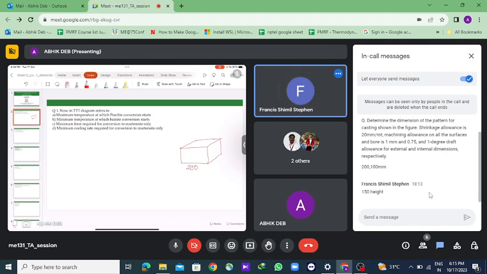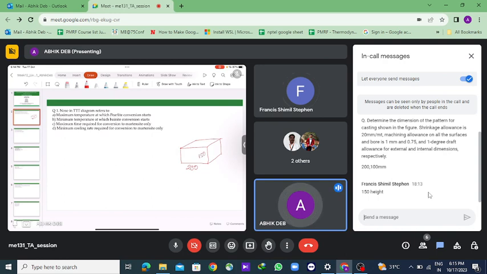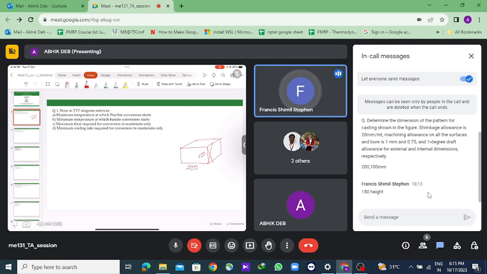So this is 200, right? And the height is 150, right? So you were saying that we should give the taper like this or like this. This is what you were asking, right? Yes, sir. If you are tapering into the box, or we are tapering outside the box.